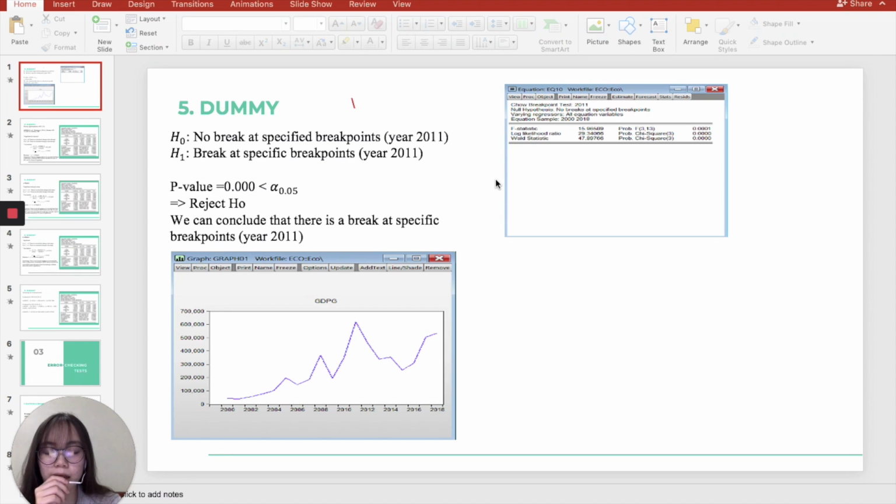Hello, I'm Trang. I'm going to talk about the structural change in our model. We use a dummy variable and run it in EViews.